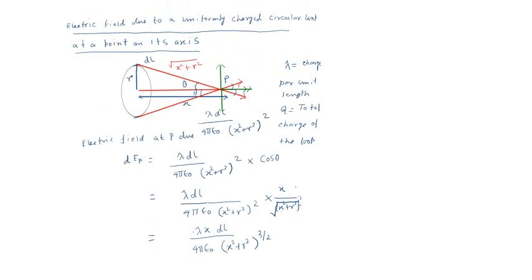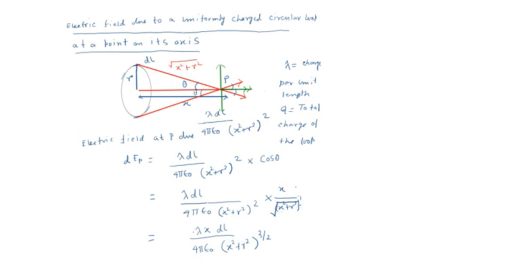Now if we go back to the diagram again, if we consider this elemental length dl anywhere, for this elemental length dl there will be another elemental length opposite to it, and for the same reason that we had in the previous case, only the component along the axis of the circular loop will exist.